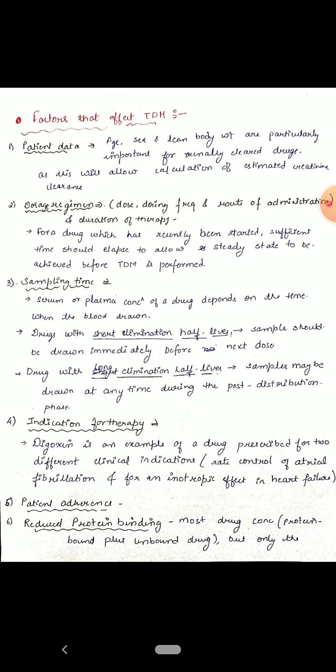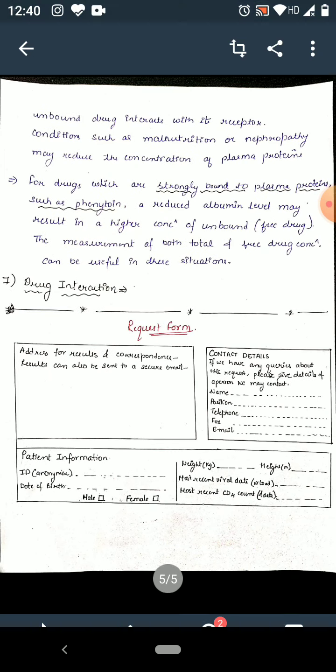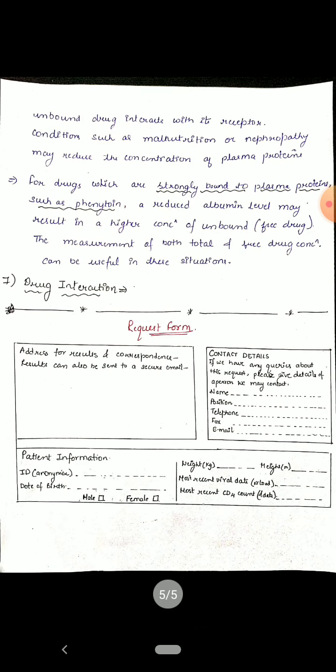Next is the reduced protein binding. Most drugs are protein bound plus unbound drug, but only the unbound drug interacts with its receptor. Conditions such as malnutrition or nephropathy may reduce the concentration of the plasma protein.